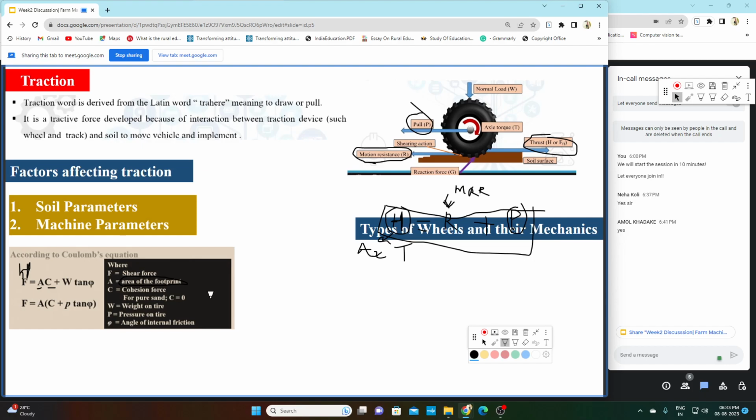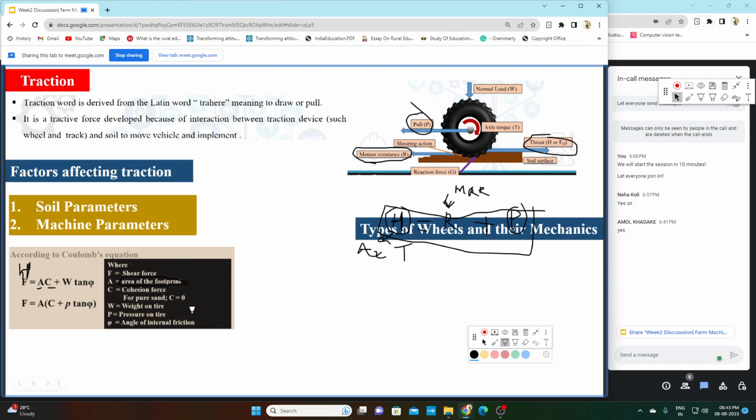The force between similar particles is known as cohesion. The force between different particles, one particle and another type of particle, is known as adhesion. So here this force is the cohesion force in the soil, the force acting between two similar soil particles. So that is C, plus W tan phi.